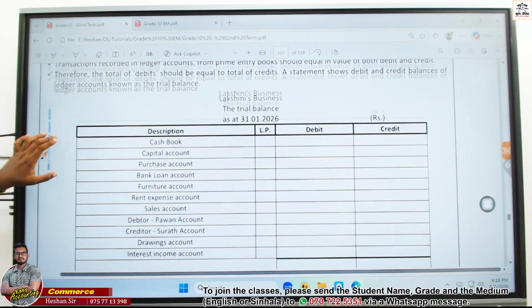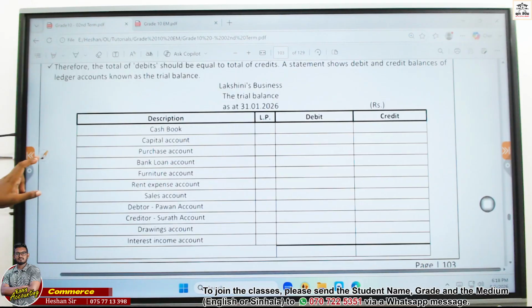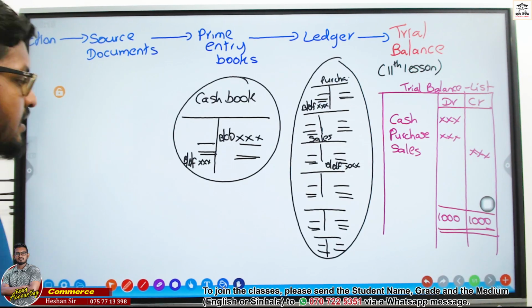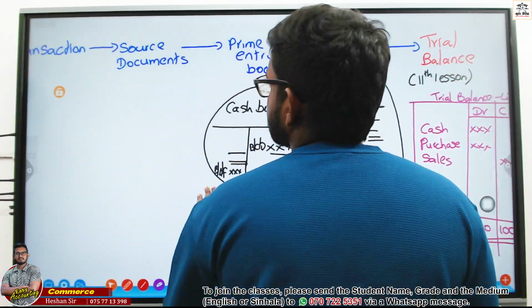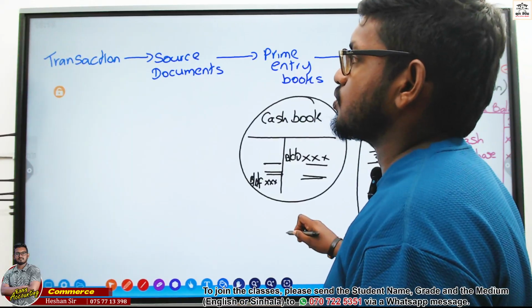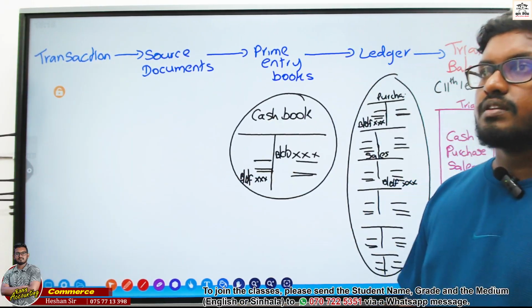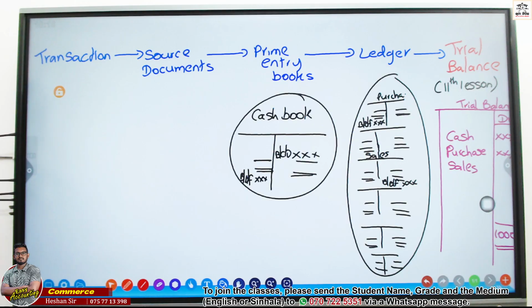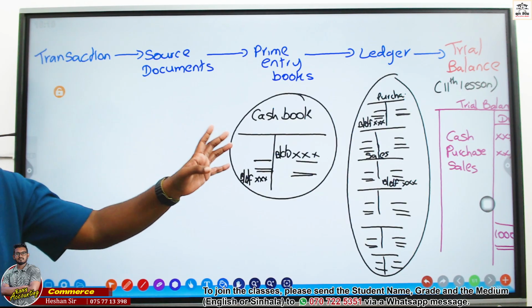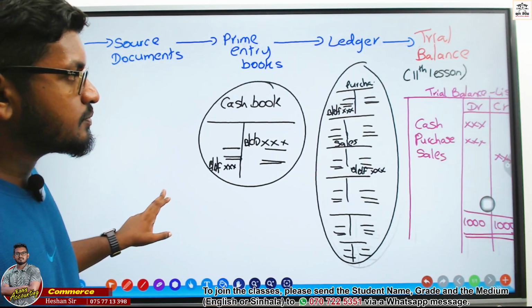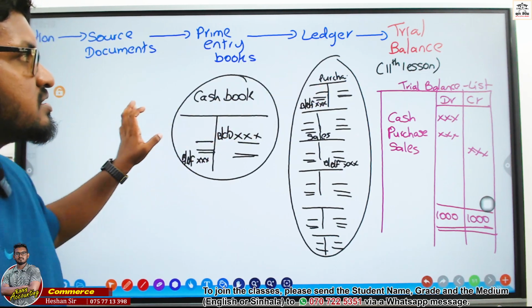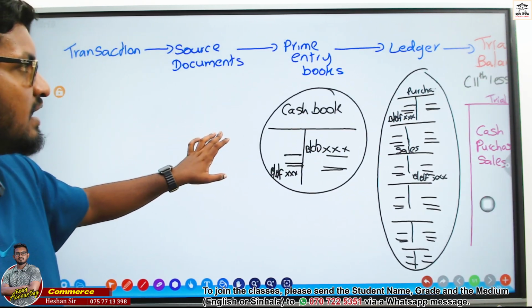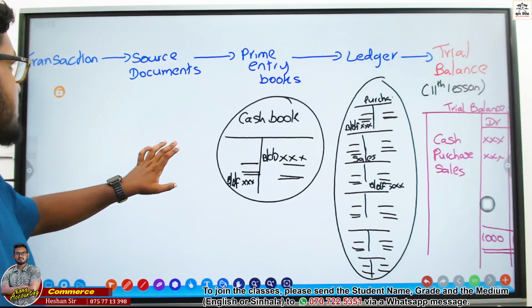Now, I'll tell you how we prepare the trial balance. Before that, take out your writing book and write the heading trial balance and write this note, faster. First, write the accounting process. Our next accounting process is, after the ledger, we balance the ledger accounts and prepare the trial balance.